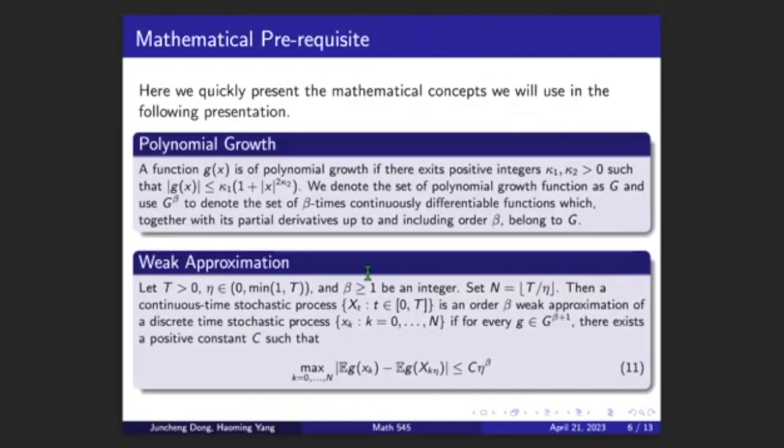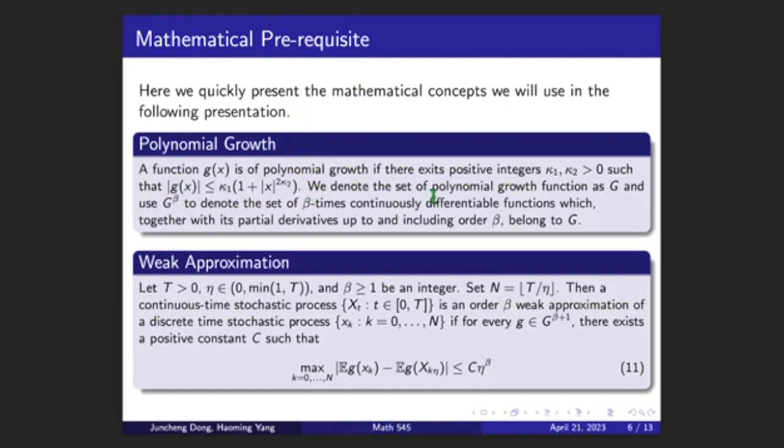Before we get into the proofs, we quickly present the mathematical concepts we will use in the following presentation. We first define polynomial growth. A function g of x is of polynomial growth if there exist positive integers kappa 1, kappa 2, such that this inequality holds for all x in the domain of g.